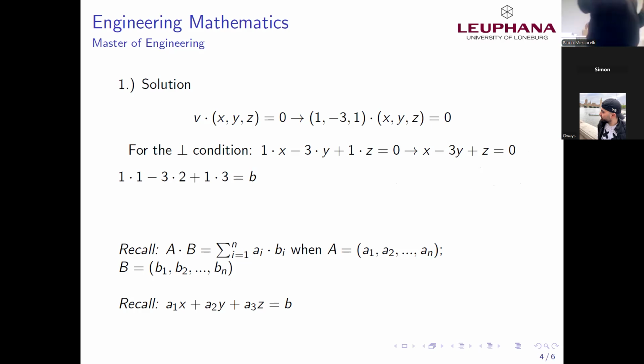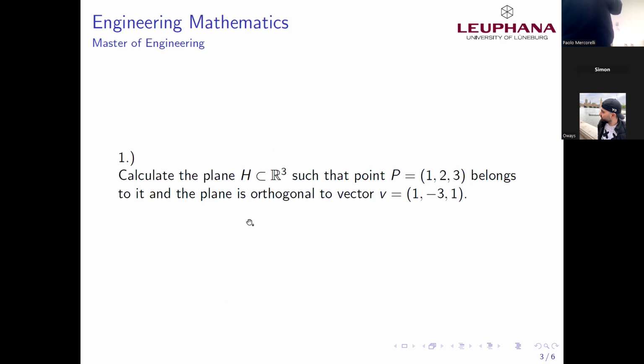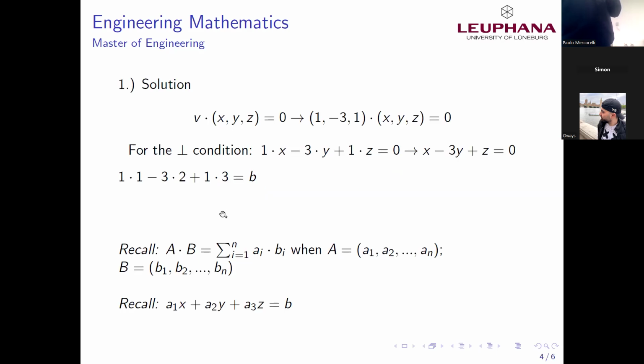If you remember the definition of the plane, which basically is A1 multiplied by x plus A2 multiplied by y plus A3 multiplied by z equals B, we can calculate B, because it is enough to impose that our point, 1, 2, 3, belongs to the plane.